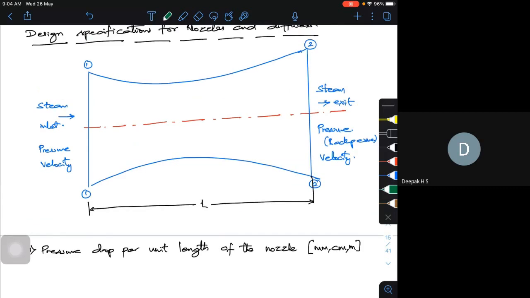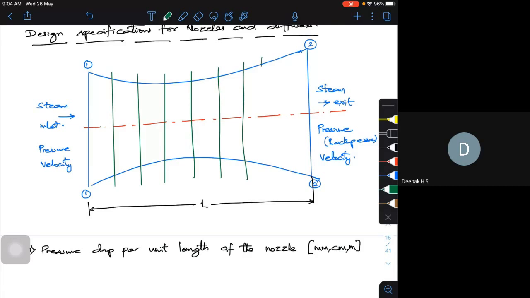If it is 5 centimeters, I can divide it into 5 parts. So this is the first division, second division, just to note down the pressure drop at that particular point. That's what we are looking at.